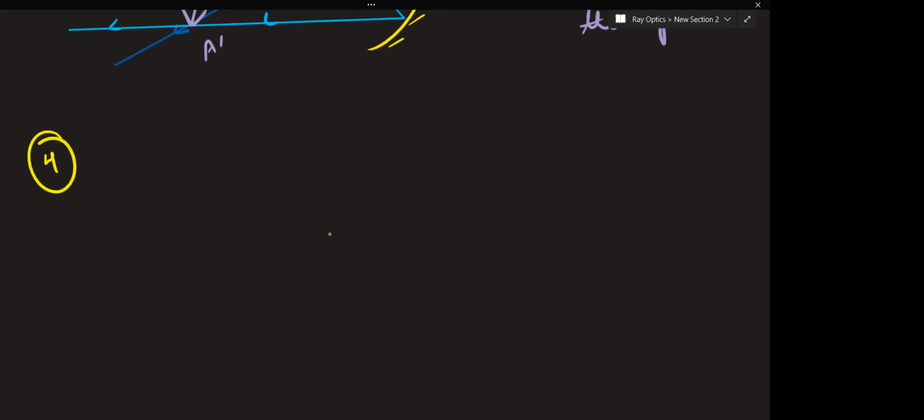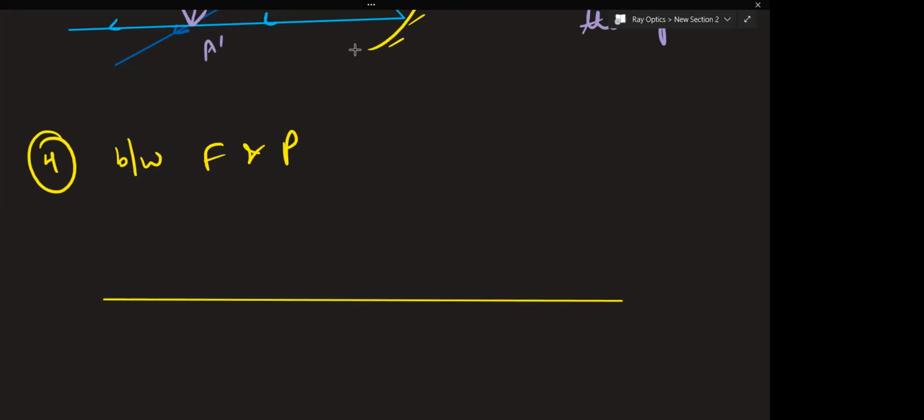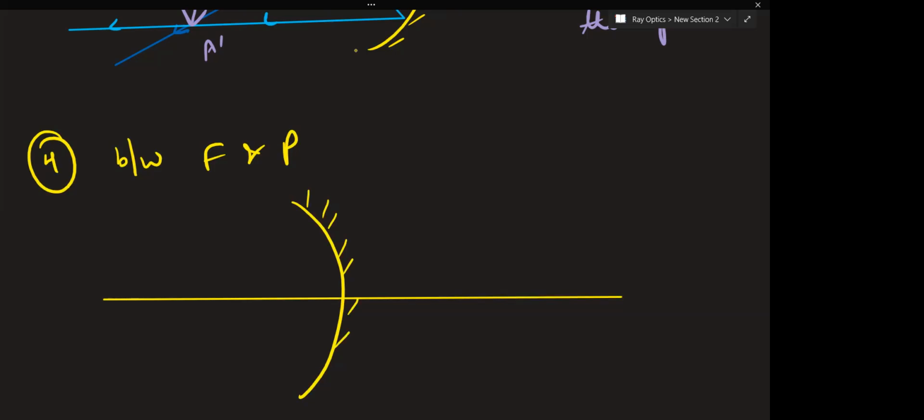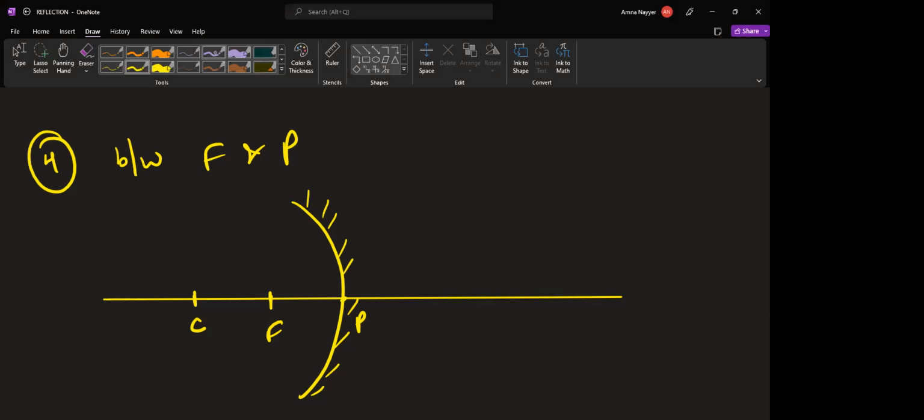And last is if your object is kept between focus and pole. This is the pole, this is the focus, this is the center of curvature. Remember, focus will be at the middle of the radius of curvature. That relation we'll see later on.